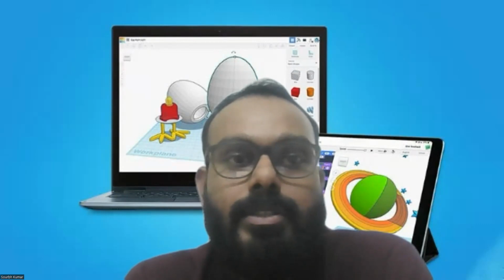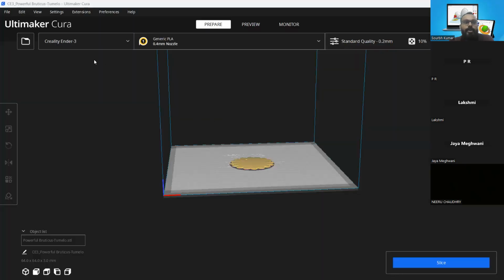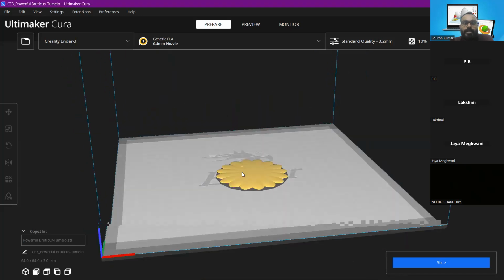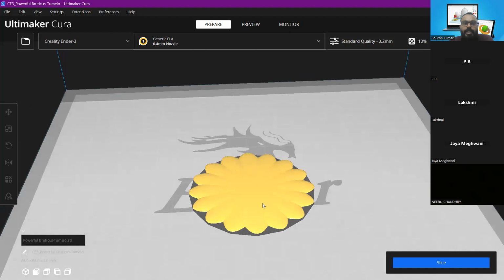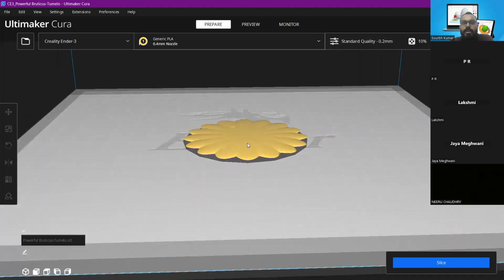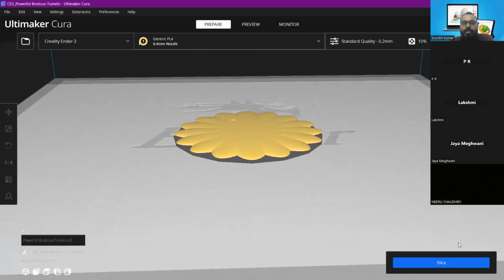Now this software opened up, and the software I'm using is Cura. You can see the similar petal we designed in Tinkercad is now here. Through this, we just have to click on slice, because all the parameters were set earlier by me, which I will explain in future classes as well.